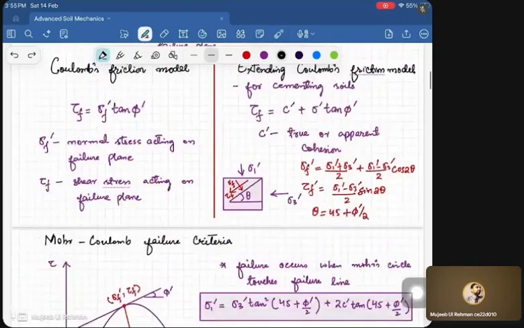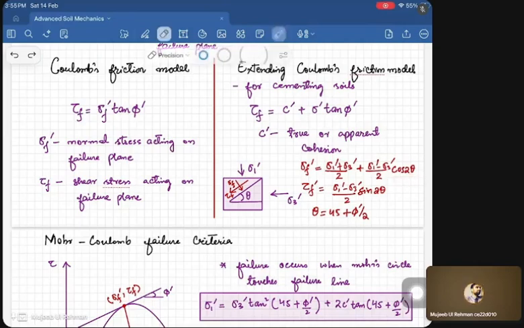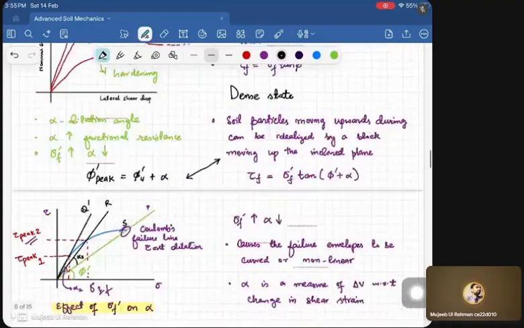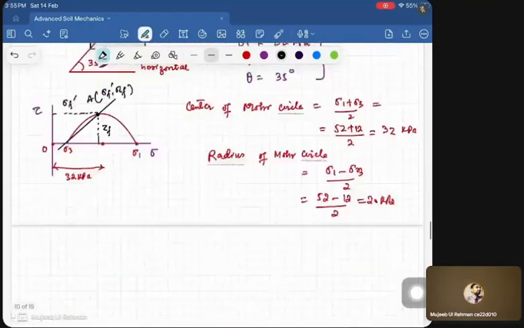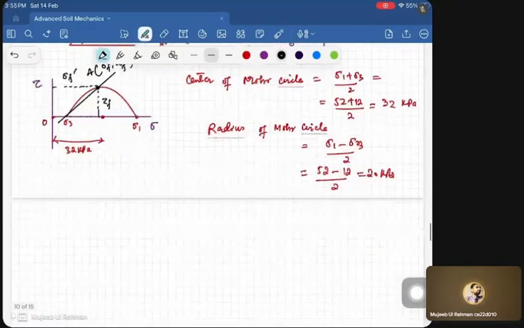These two equations: sigma f dash is equal to sigma 1 dash plus sigma 3 dash by 2 plus sigma 1 dash minus sigma 3 dash by 2 cos of 2 theta, and here we can just write this dash, right. So tau f is equal to sigma 1 dash minus sigma 3 dash divided by 2 sine of 2 theta, correct. So we'll use these equations if we don't want to do it using the geometry.